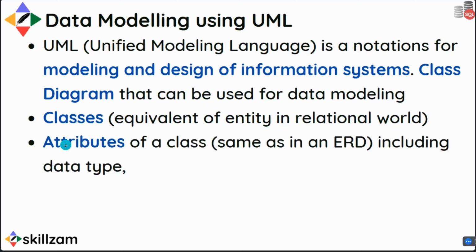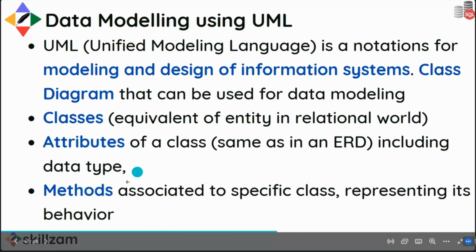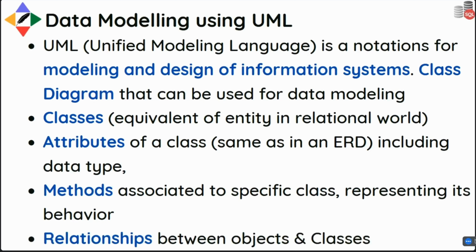And at the same time, attributes are the characteristics or the properties that define the classes. And then there are methods. Methods are nothing but the actions. They are the specific representation of the behavior or the actions in the class. And then there is a relationship, how the relationships between the classes and objects, you will be able to see in the UML diagram.